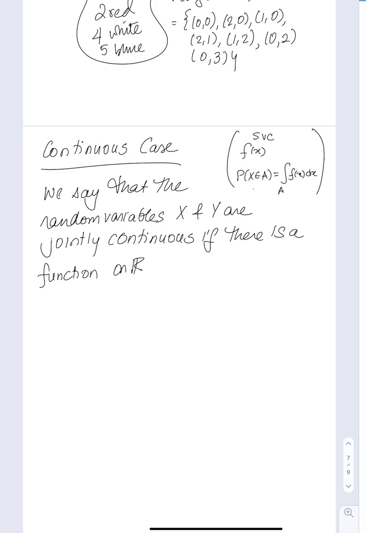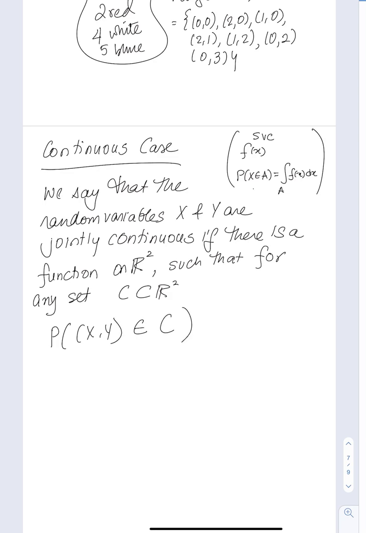In the book they write define for all real x comma y, which is the same as saying function on R2, such that for any set C, which is a subset of R2, the probability that x comma y as a point in R2 belongs to this set C is given by the double integral over the set C of this function f. And now it's a double integral. Okay, sorry, I didn't write the function f before.